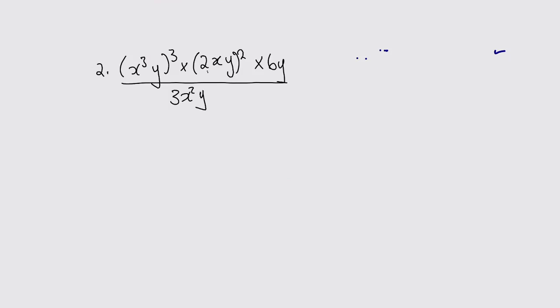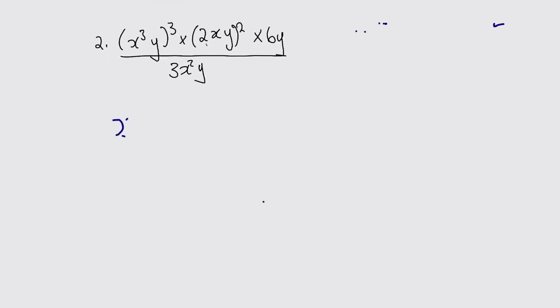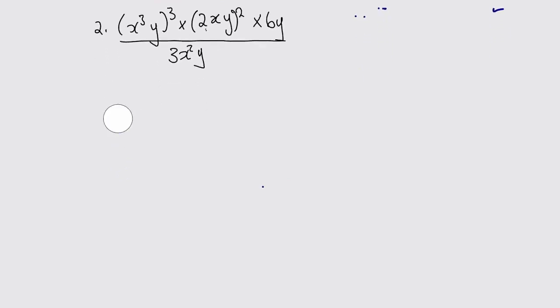So what we have here is x to the power 3, and because of this 3, I'm going to put multiplication. Then after that, I have y to the power 3.